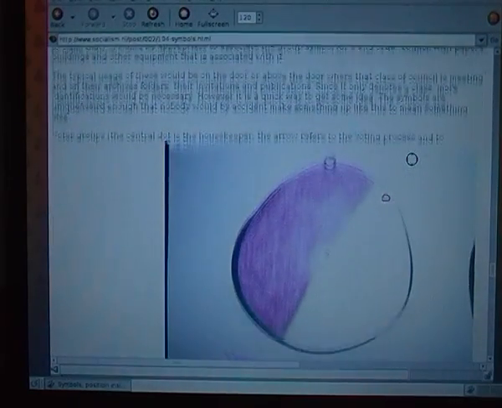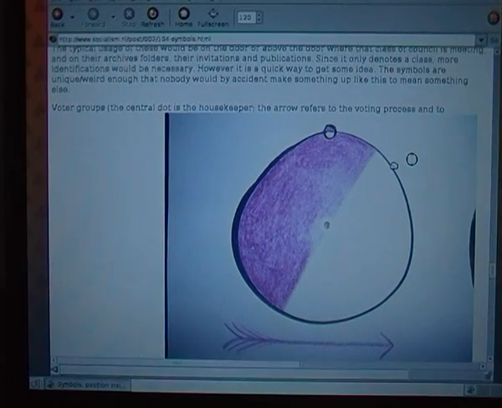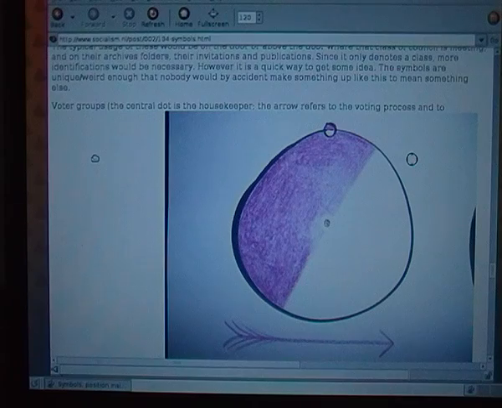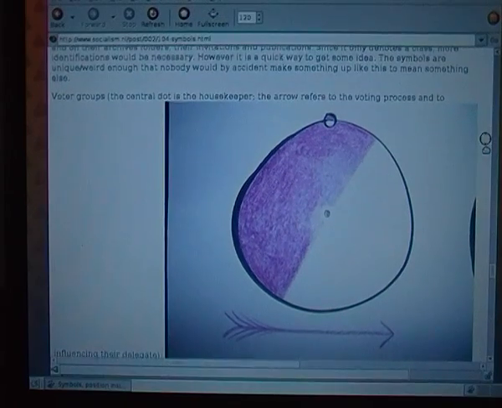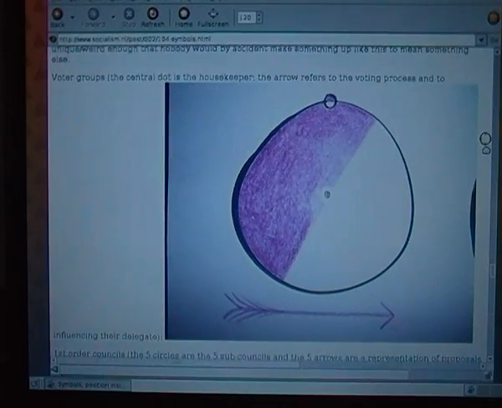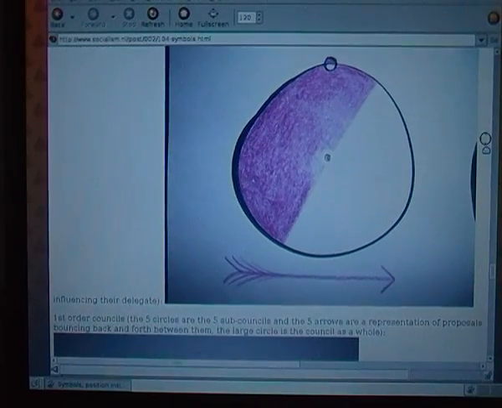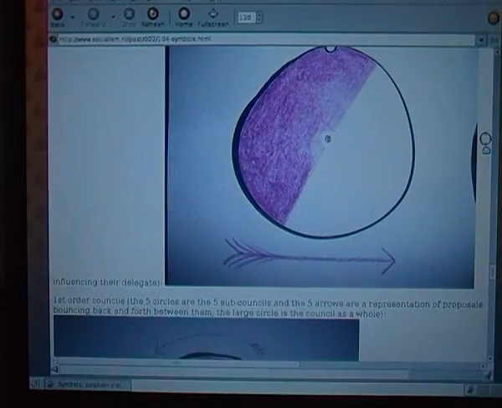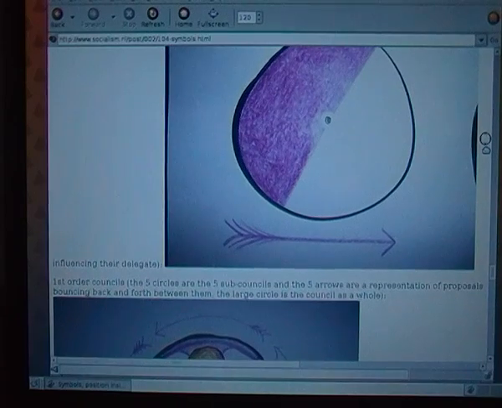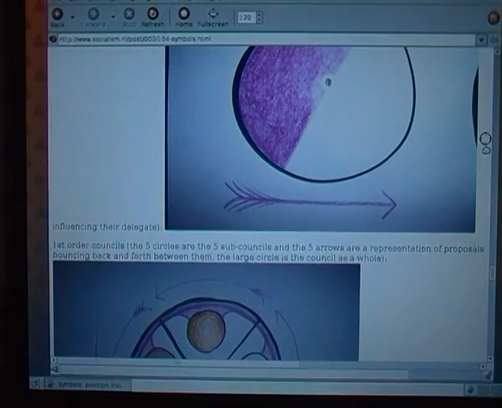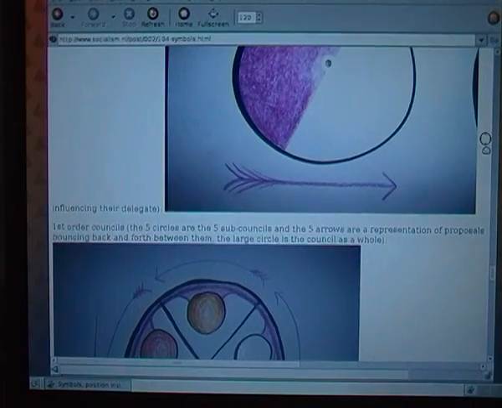Here is a symbol for the voter group. This arrow means 1 election, and it's also meant to instill a sense of order, because this is the government and will not tolerate crime.